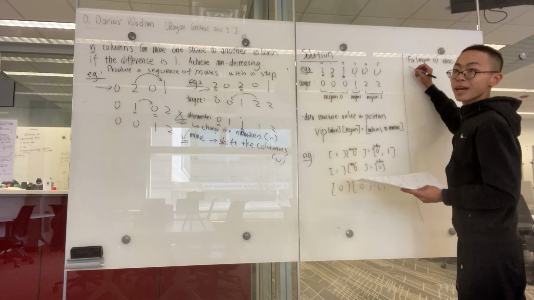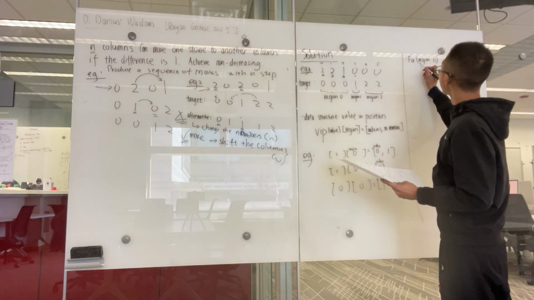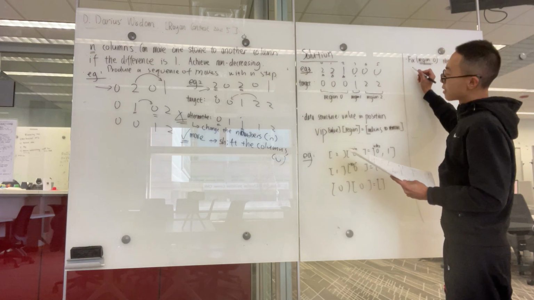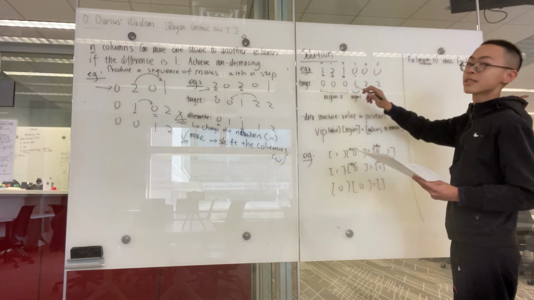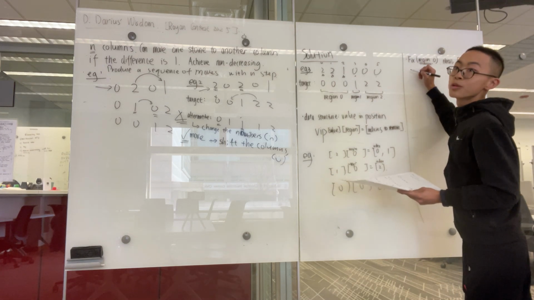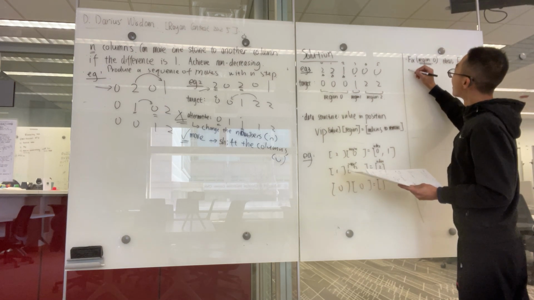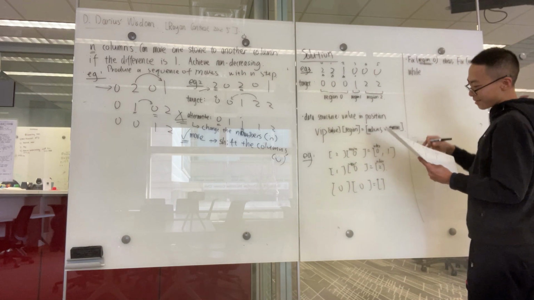Okay, let's write the algorithm. So for fix a certain region, how to write this function? We need to move all the elements out until they are fixed. So what should the outer loop be? Shouldn't it be a while loop? That's right.